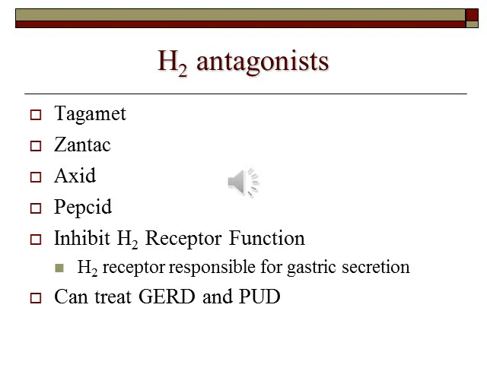The first type of medication I'm going to discuss in treating gastrointestinal disorders are your H2 antagonists. So H2 receptor antagonists will decrease the gastric acidity by not allowing histamine to be released from the parietal cells.